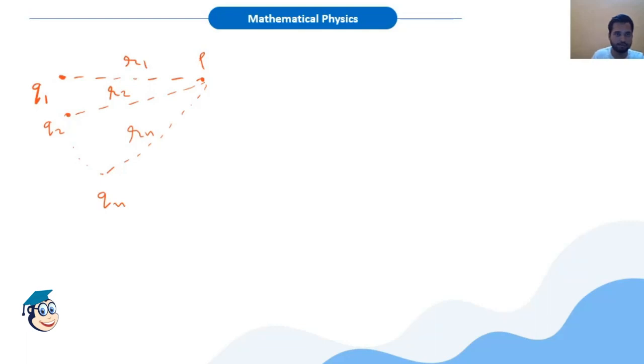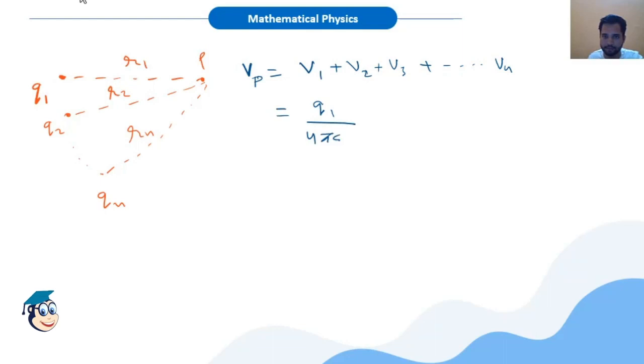So V at P must be equal to the sum of potentials. As potential is a scalar quantity, you can directly add potentials. So V1 plus V2 plus V3 plus up to Vn, and you can write Q1 divided by 4 pi epsilon naught R1, as we have calculated in the previous example.